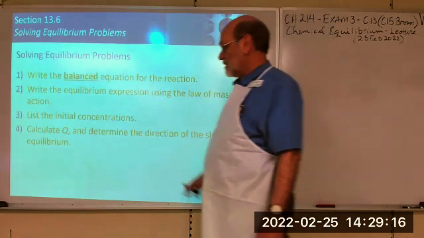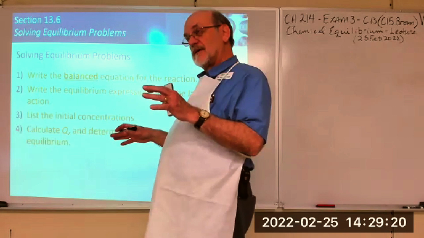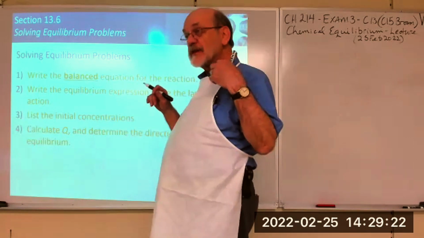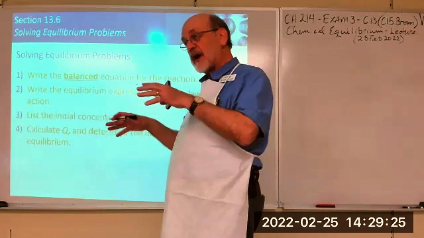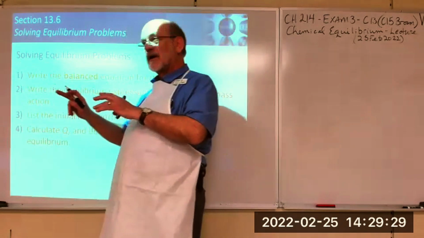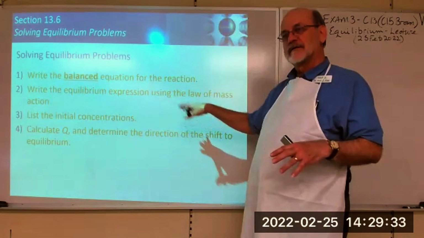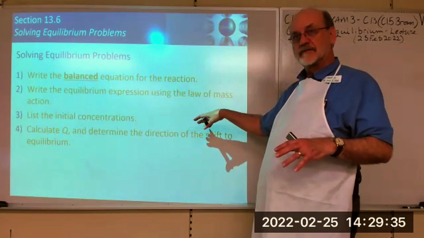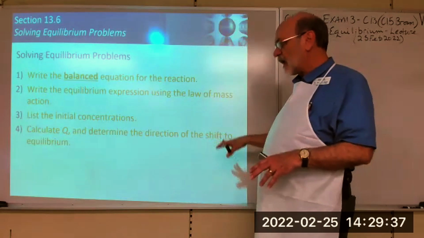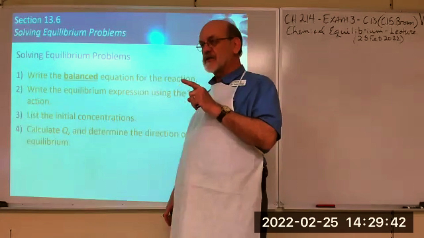Then, if necessary, if you do have reactants and products, a non-zero number for each one of the reactants and products, then you need to calculate Q and determine which way is the reaction going, because that will tell you whether your X is minus or plus on either side for the change. Okay? If one of them is 0, then you know which way the reaction is going.